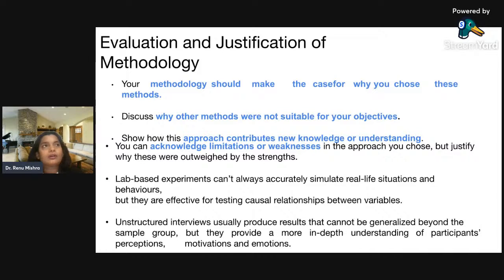Categorizing qualitative or quantitative as good or bad is not the choice here. If you have gone for qualitative research, you need to justify why. Why you have not chosen another is not that important; why you have chosen this particular methodology is important.